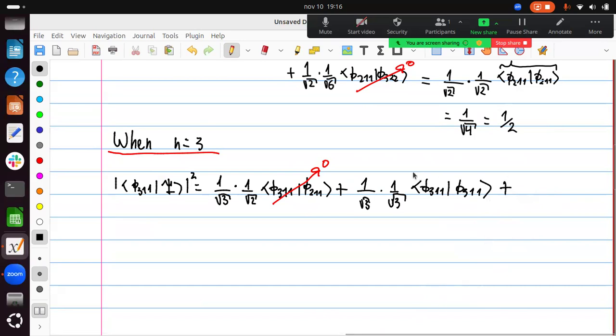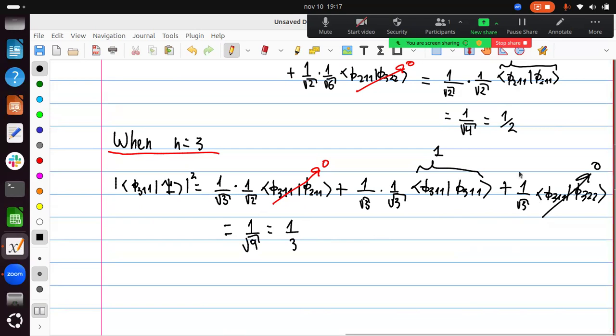So this is one. And as you may imagine, the other term, P311 with the P322, is just zero. So the corresponding probability is 1 over the square root of 9. This is 1 over 3.